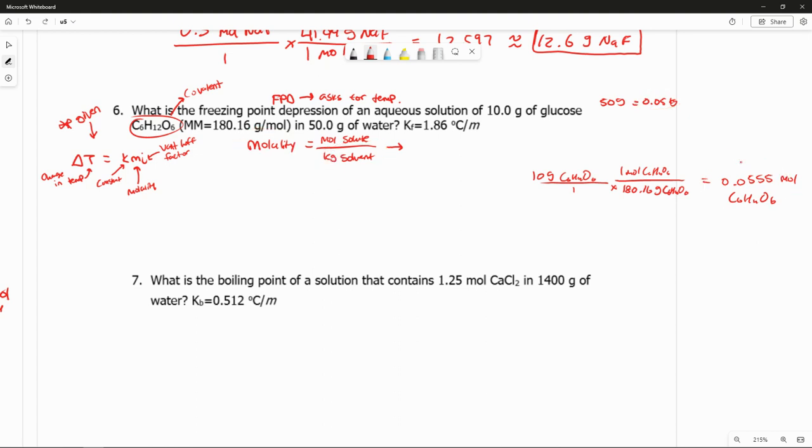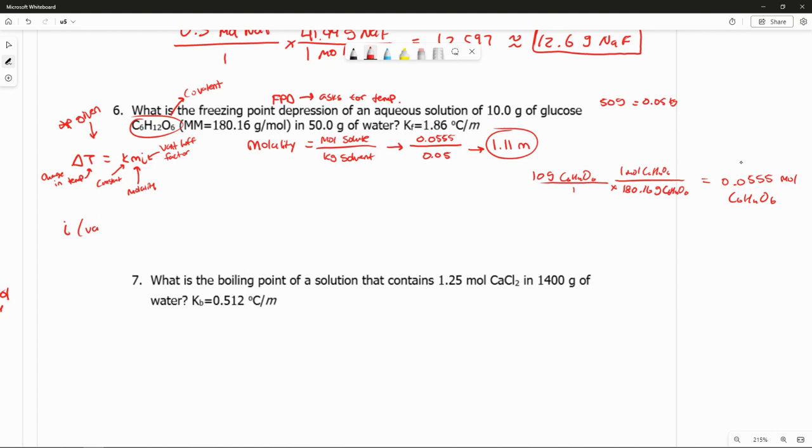Take our value for moles, 0.0555, on top, and our value for kilograms, 0.05, on the bottom. Divide these, and you're going to get 1.11 molal, with a lowercase m. We're going to keep this number in our heads, and we're going to use it in our KMI.